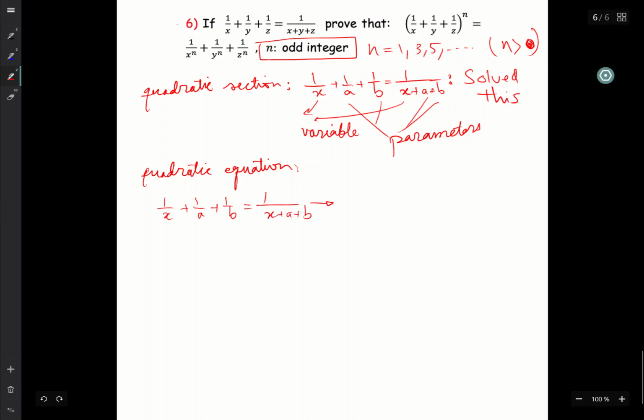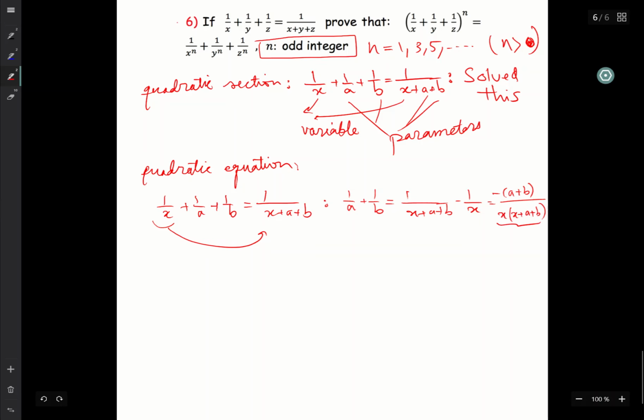Now, let's bring the 1 over x to the right side. Therefore 1 over a plus 1 over b is equal to 1 over x plus a plus b minus 1 over x. We end up with minus (a plus b) divided by x times (x plus a plus b). We're just making a common denominator, okay?